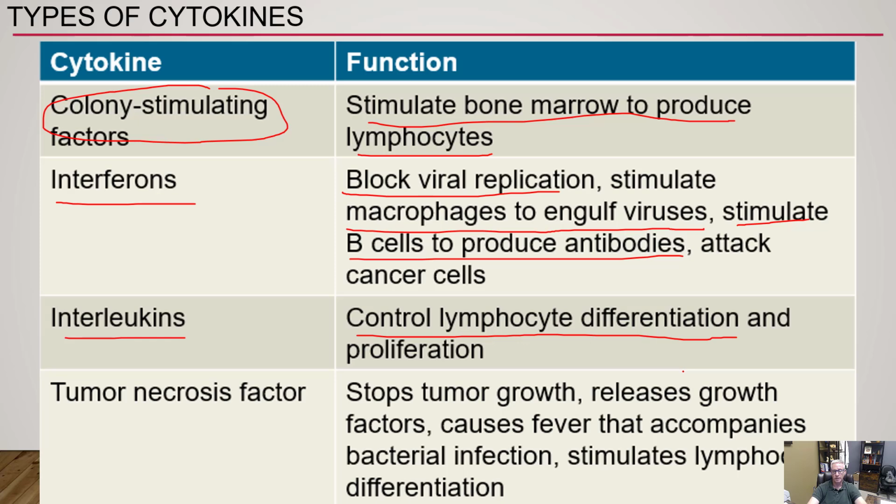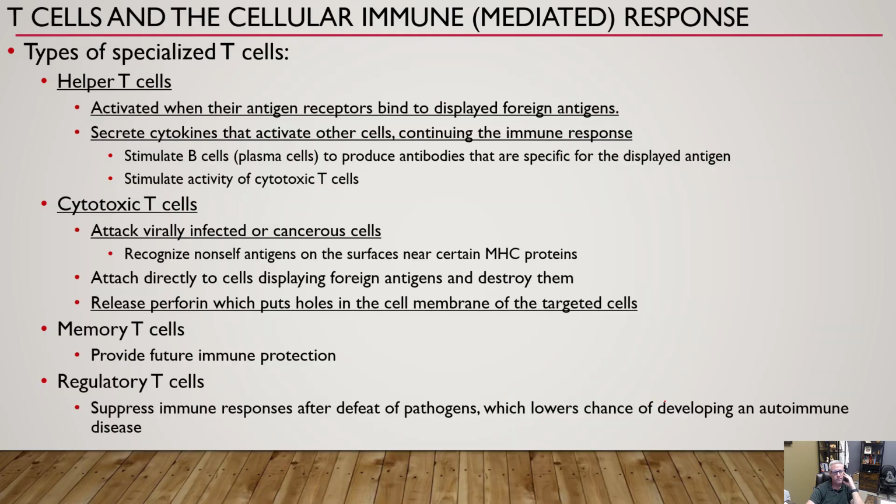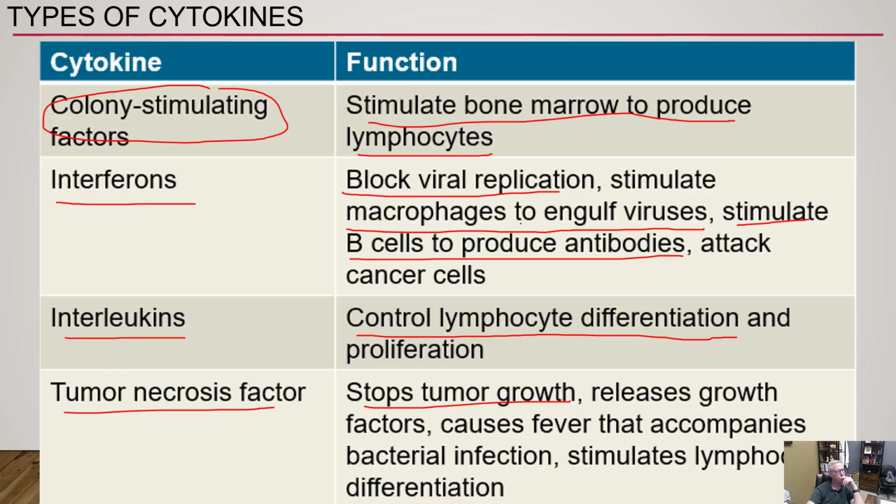So interleukin 1 will increase your thermoregulatory set point and it activates your T cells. Interleukin 2 causes your T cells to proliferate or to replicate. Tumor necrosis factor is going to stop tumor growth. All right, so you're definitely going to have to know the types of cytokines.